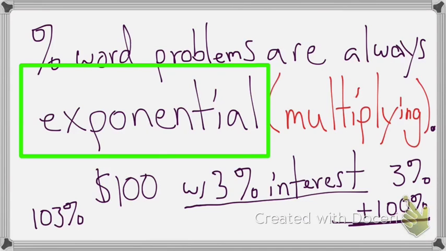Okay, so now all we have to do is take that 103% and turn it into a decimal by, let me change colors, moving it over again.